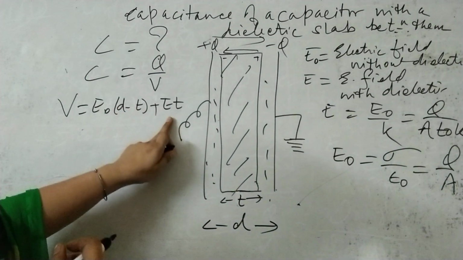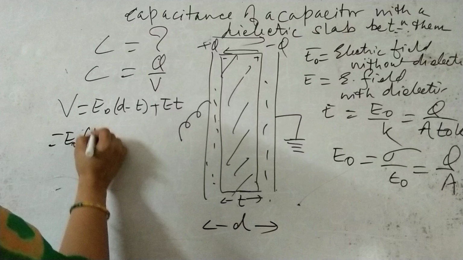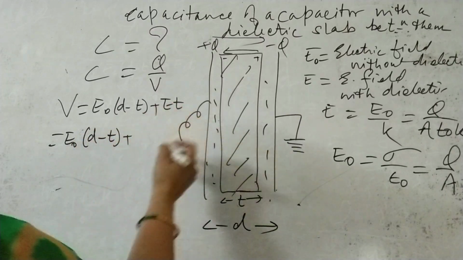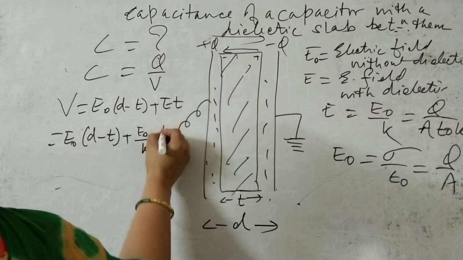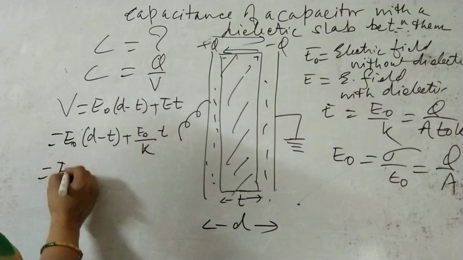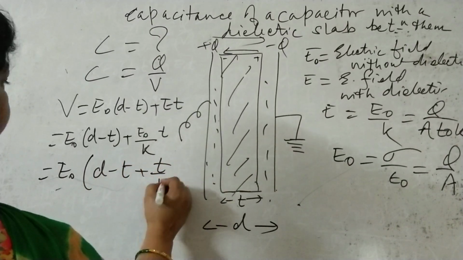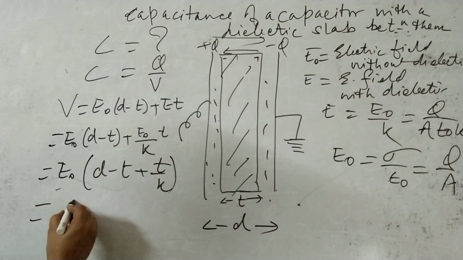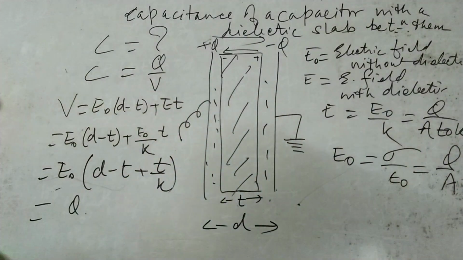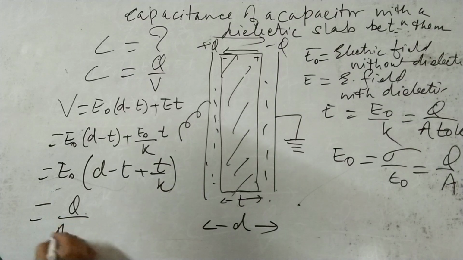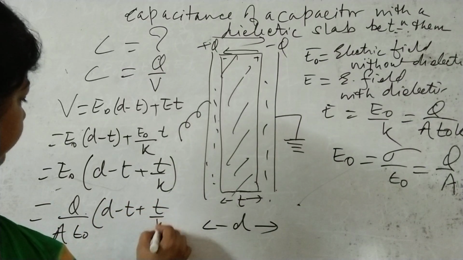So V is E naught into D minus T, plus E naught by K into T. Taking E naught outside, V is E naught times D minus T plus T by K. E naught is Q by A epsilon naught, so V is Q by A epsilon naught times D minus T plus T by K.